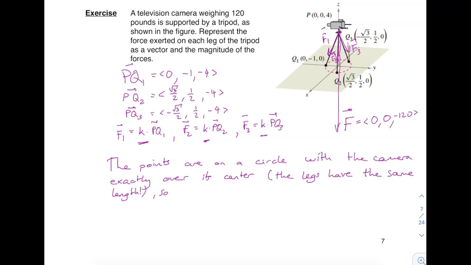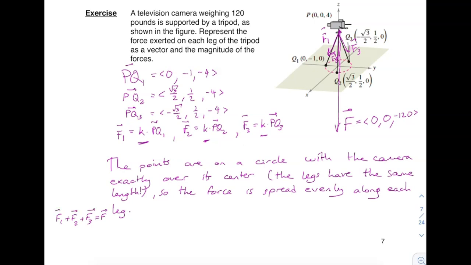So the force is spread evenly along each leg. So that's why we can use the same factor K. So F1 plus F2 plus F3 is going to be equal to F.